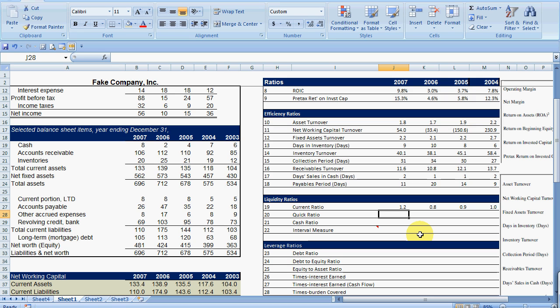So really in this situation, the only thing we're doing is removing inventories. We take the sum of cash and accounts receivable and divide that by our total current liabilities. You see that number gets a little bit smaller because now we have a little bit less funds to pay.